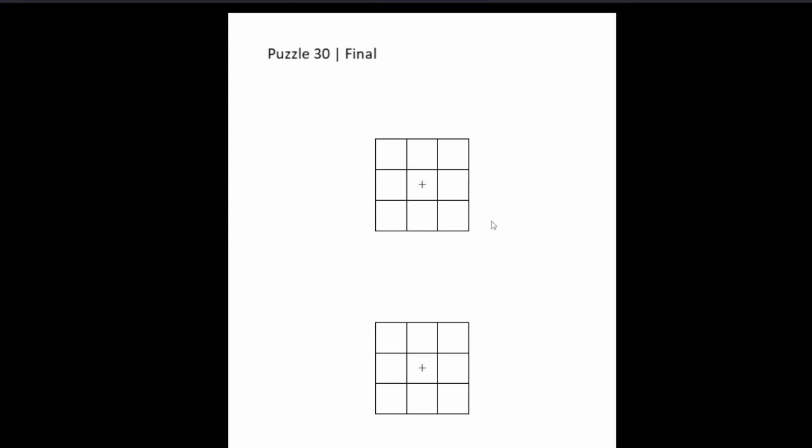Oh boy, how the heck is this unique? Okay, we've got no integers giving us clues. We have no circle signs. We have plus signs, which indicate something about the 3x3 area around them.